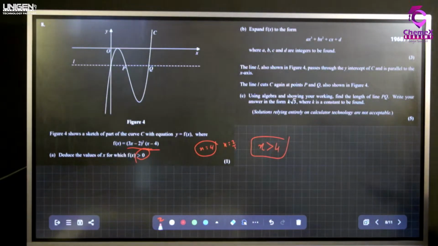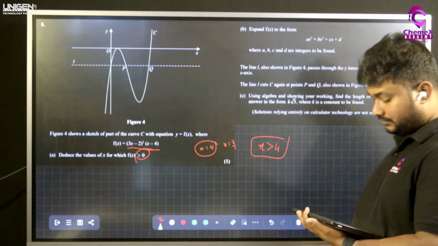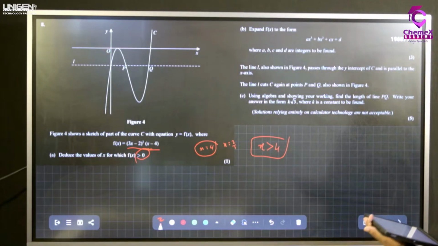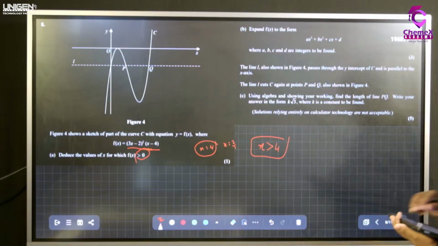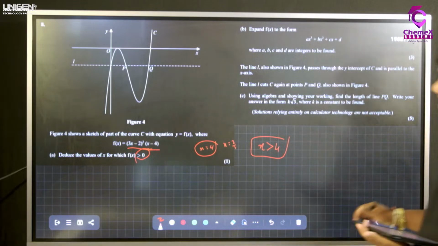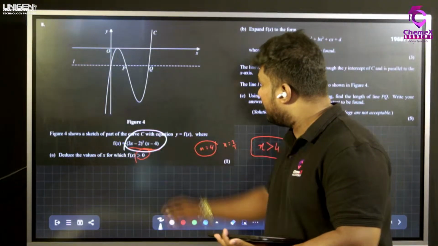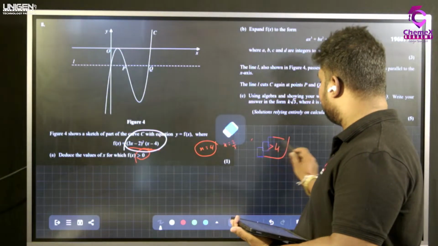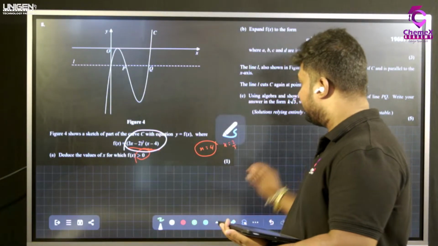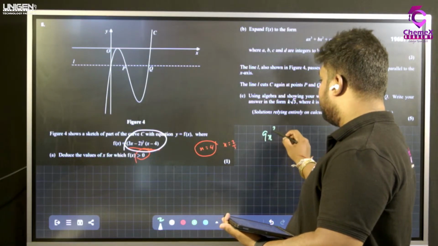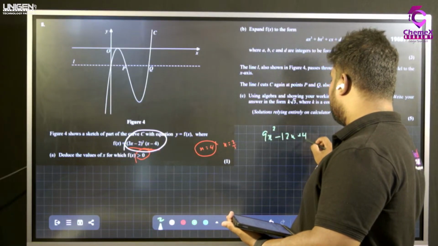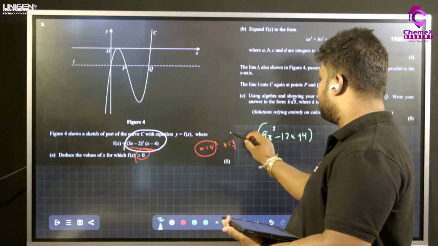Okay. Next one. Expand f x in the form of this. So how do you find it? You can expand this part, simple as that. Nine x squared minus 12 x plus 4, you expand it with x minus 4.